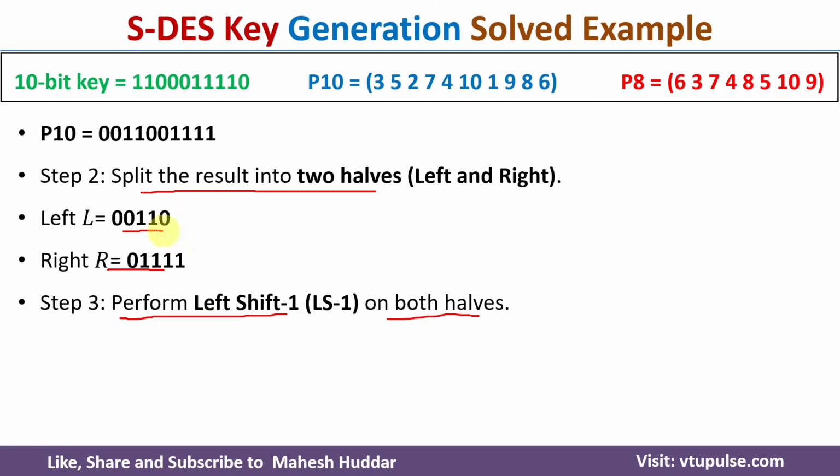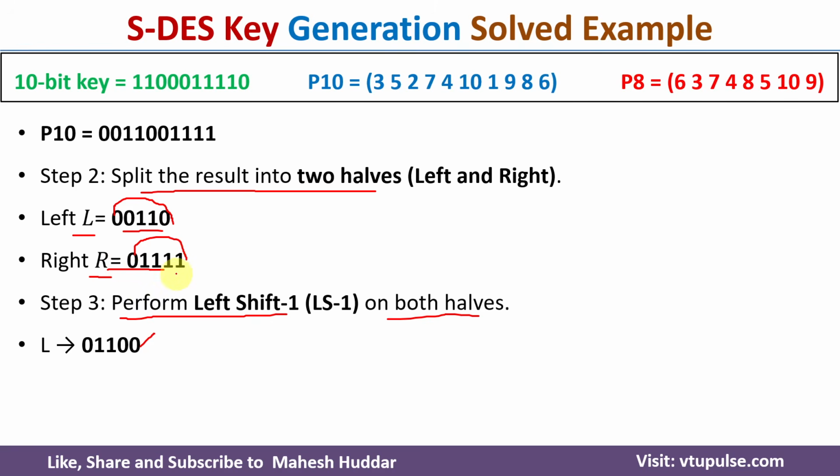Here we can see that L is equal to 00110. Once you perform the left shift 1, this 0 has to shift here. So the result is 01100. That is what you can see here. Similarly, we need to perform the left shift on R. Once you perform that, this 0 will shift to this position.